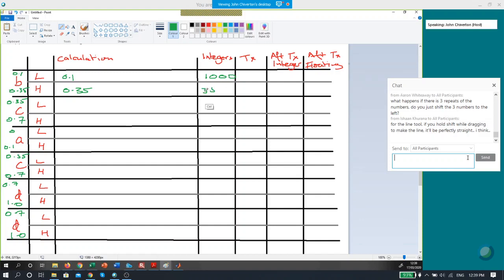But this is where we need to be careful. This is 3,499, isn't it? So there's nothing to transmit here. After transmit integers, this stays just the same. After transmit the floating point values, that would be just the same as well. So 0.1 to 0.35.